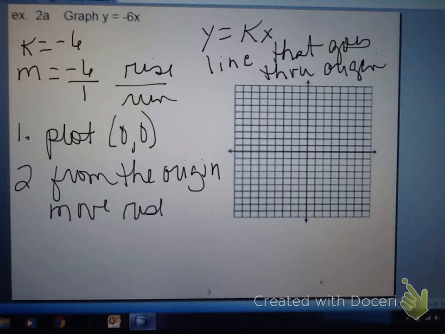We're going to go rise over run. And in this case, we are going to go down 6 because it's a negative and run to the right 1. So let's plot 0, 0. Now we're going to go down 6 and to the right 1.